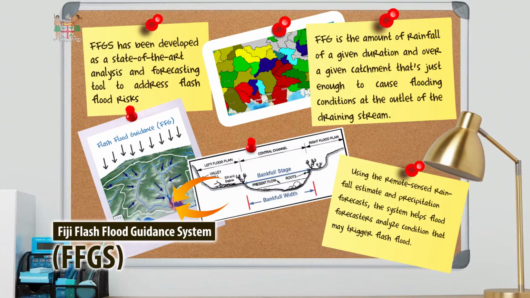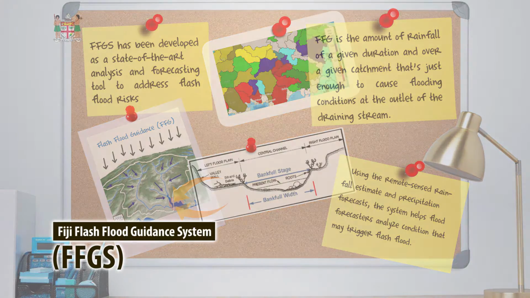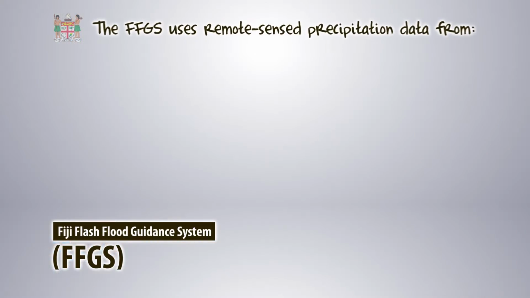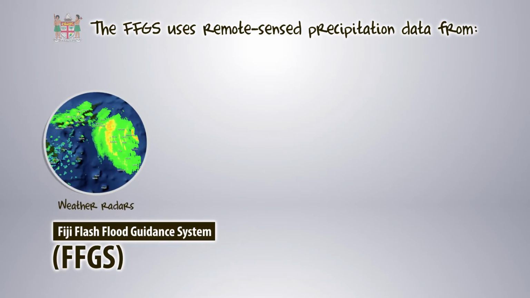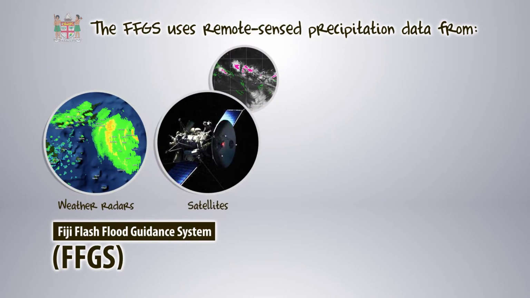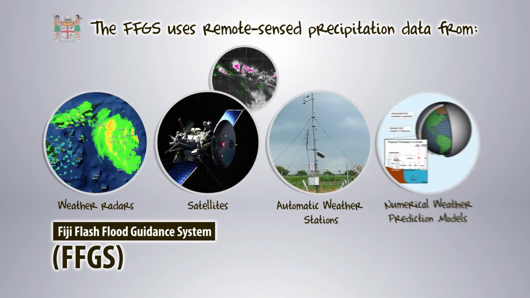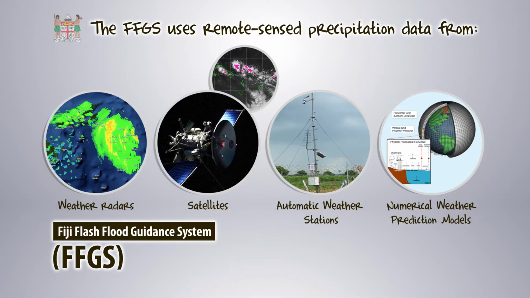Using the remote sense rainfall estimate and precipitation forecast, the system helps flood forecasters analyze conditions that may trigger flash flood. The FFGS uses remote sense precipitation data collected from weather radars, satellite, automatic weather station, numerical weather prediction models.